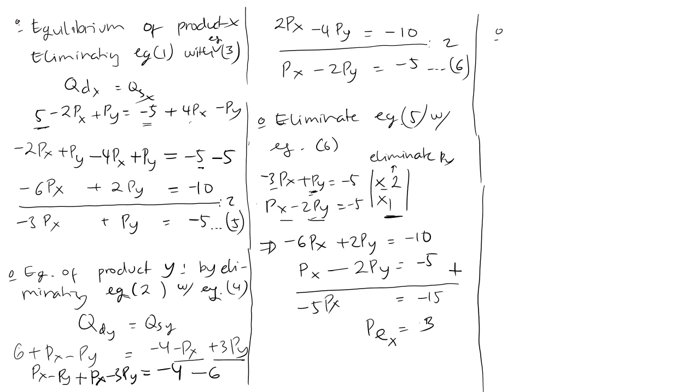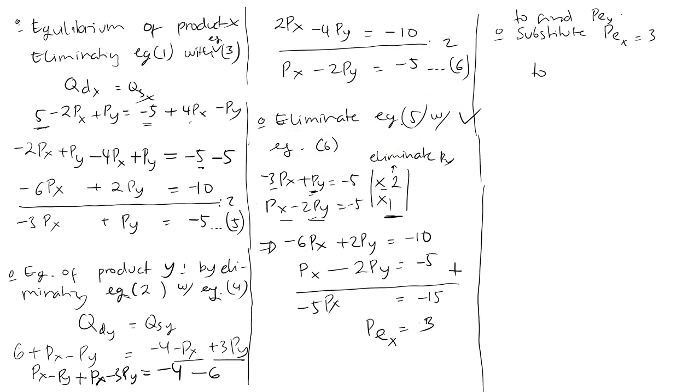Next is substitute PEx, 3, to find the Py, the equilibrium of Py. Substitute PEx into the fifth or the sixth equation, because we found Px through this process. The last process is this one.